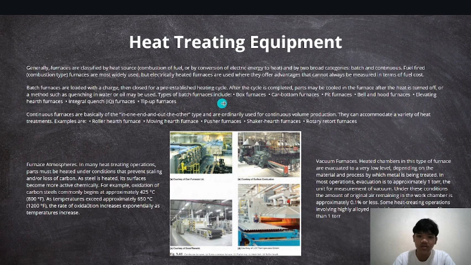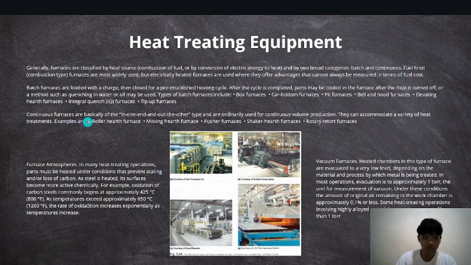Types of batch furnace include: 1. Box furnace, 2. Car bottom furnace, 3. Pit furnace, 4. Bell and hood furnace, 5. Elevator hearth furnace, 6. Integral quench furnace, and last, vacuum furnace.